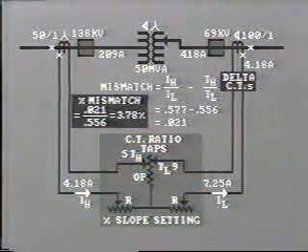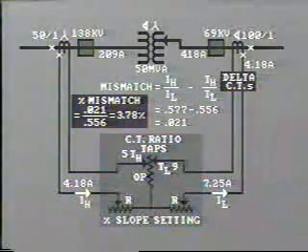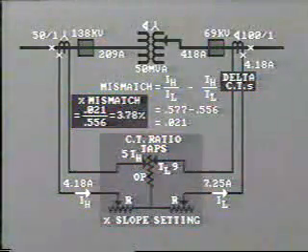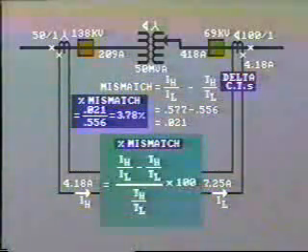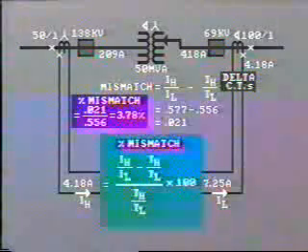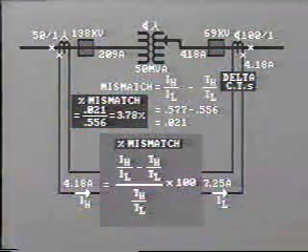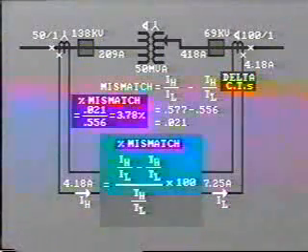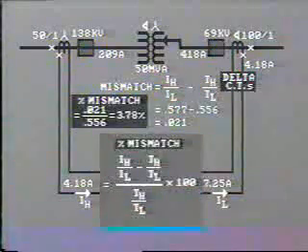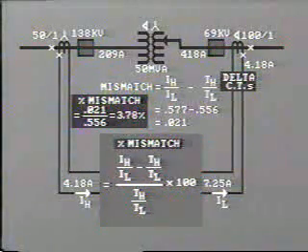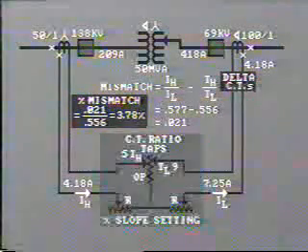The percentage mismatch is 0.021 divided by 0.556, and that equals 3.78%. In other words, percentage mismatch equals IH over IL minus TH over TL, all divided by TH over TL or IH over IL, whichever ratio is smallest.